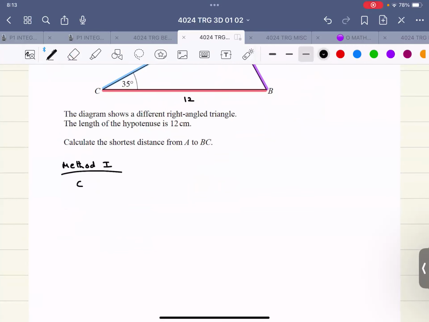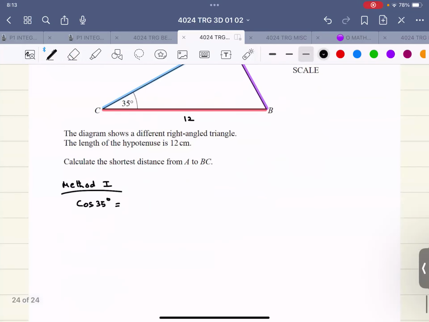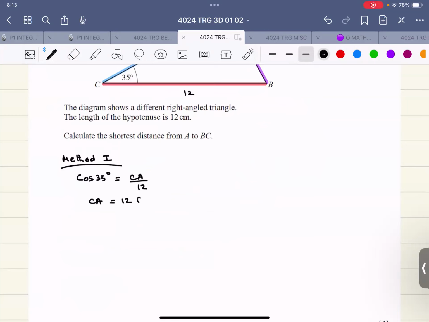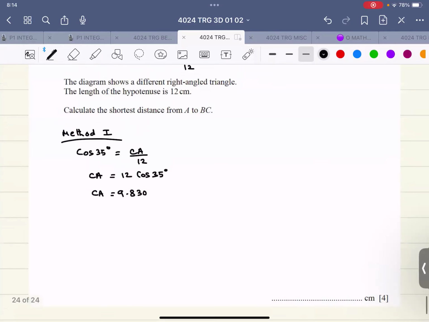Cosine of 35 degrees equals CA divided by 12. So CA is 12 cosine 35, and then I'll tell you the reason. 35 cosine multiplied by 12 comes out to be 9.830. So CA is 9.830.